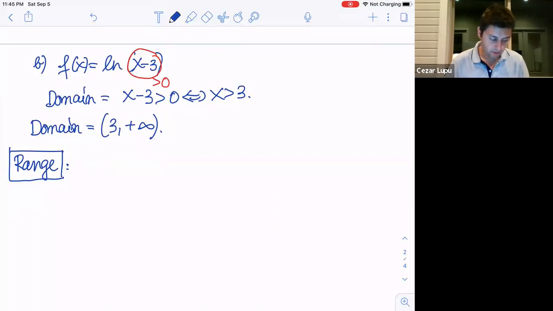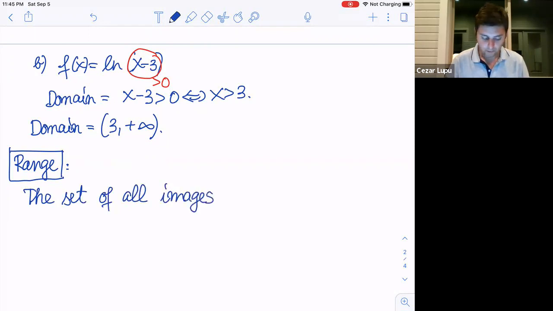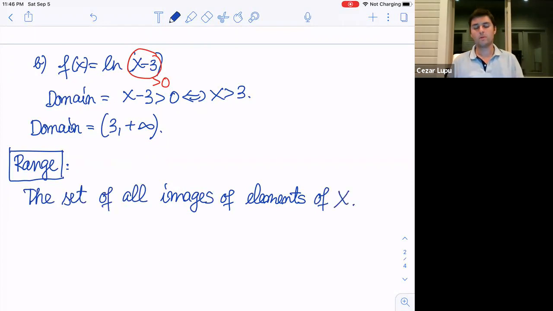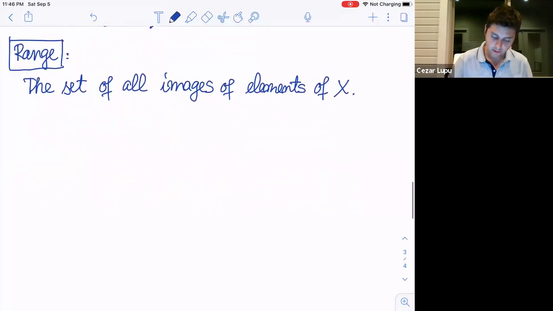Before I even draw the picture, let me say that the set of all images of elements of the set x, this is what the range is. Now let's draw a picture so that you can see it better.